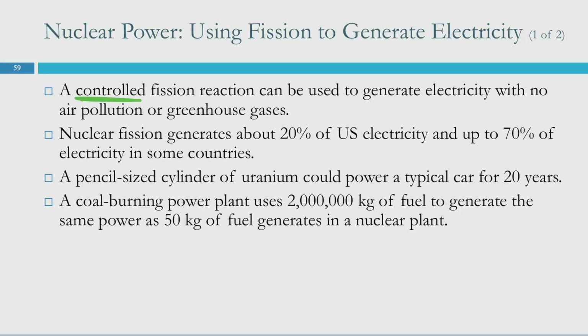So if you don't just let that fission reaction go crazy, go nuclear, if you control that fission reaction, you can generate a lot of electricity since there's tons of energy that's released. There's no air pollution, there's no greenhouse gases. Really, the only downsides are if you did not build your plant correctly and or you have incompetent workers or people are making mistakes, you've got bad engineering controls in place, then you can get like nuclear plants exploding or melting down, which is obviously not good.